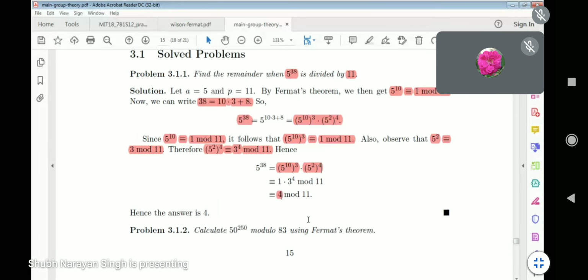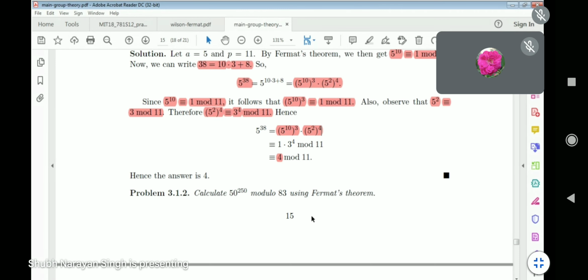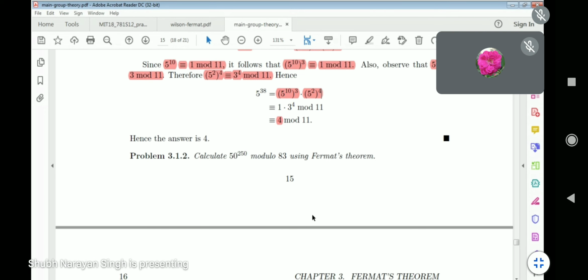Come to the next question. I'm talking about problem 3.1.2, and this is also a big number, big data. This question says: find the remainder when 50^250 is divided by 83. That means compute 50^250 modulo 83.